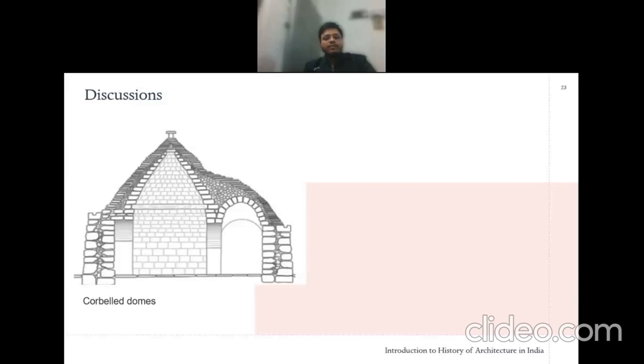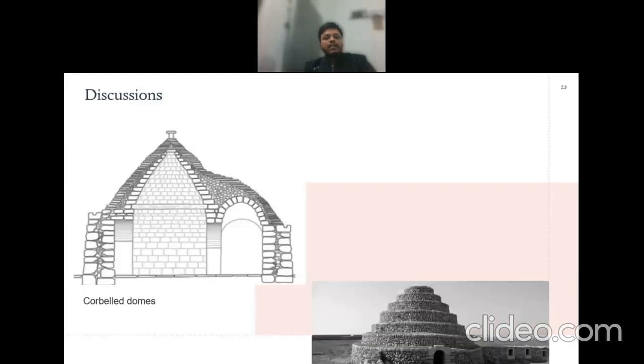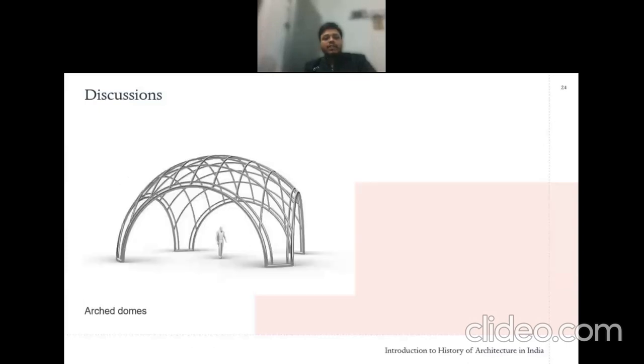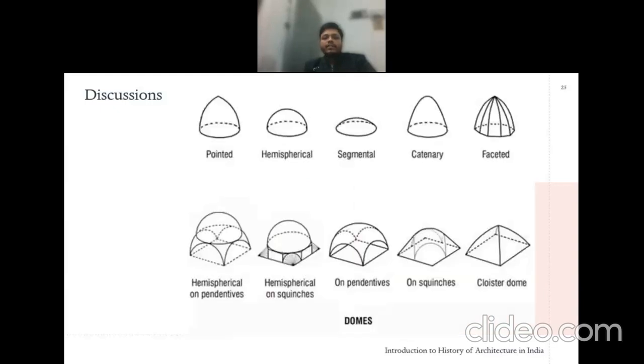So this is a corbelled dome, and the material can be anything. It can be brick, stone, or anything. This is a simple example of a corbelled dome. Again, the arch dome is formed by the culmination of various arches.